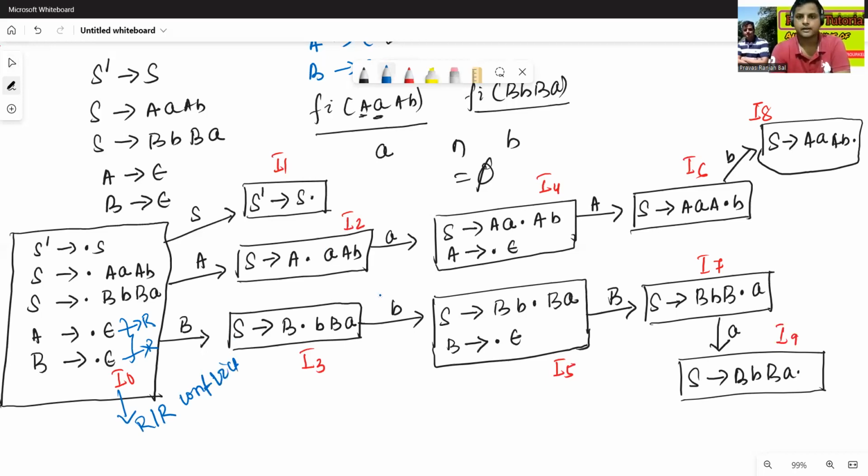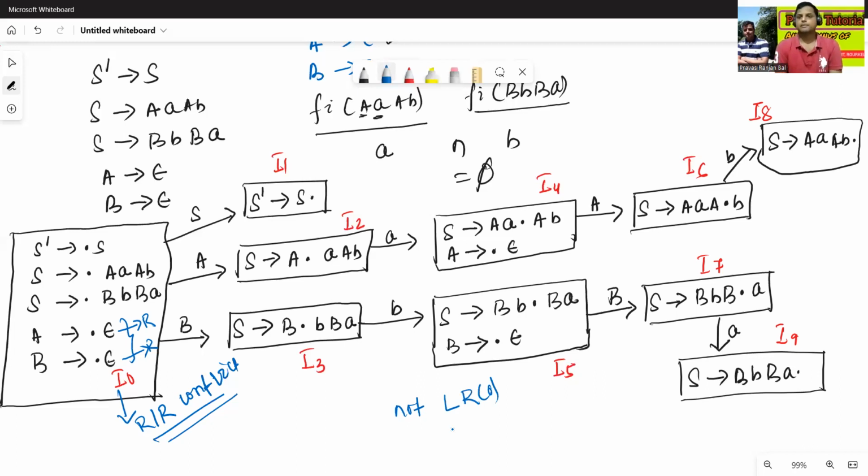There is no conflict in I4, there is no conflict in I5, and there is no conflict in other states. So finally I0 contains RR conflict. Since it contains RR conflict, this grammar is not LR0.